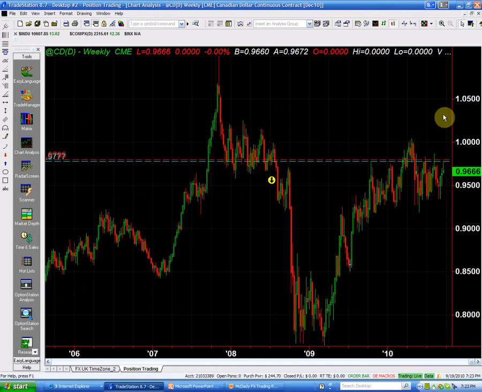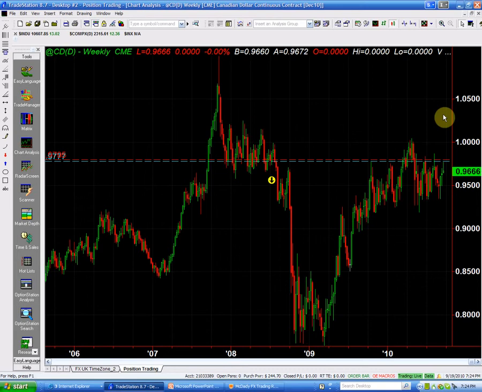Why? Because I'm saying the US dollar, because the Canadian and the dollar are very closely correlated, and therefore you can see that the US dollar will be the one that gives us the primary breakout on either direction for the Canadian.